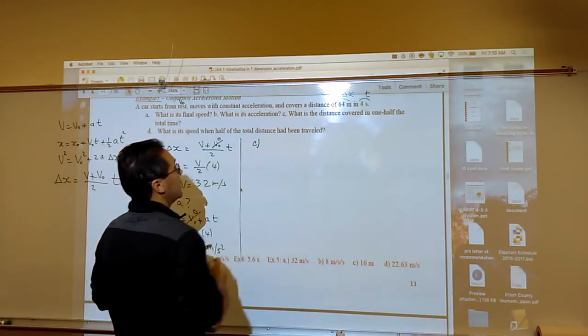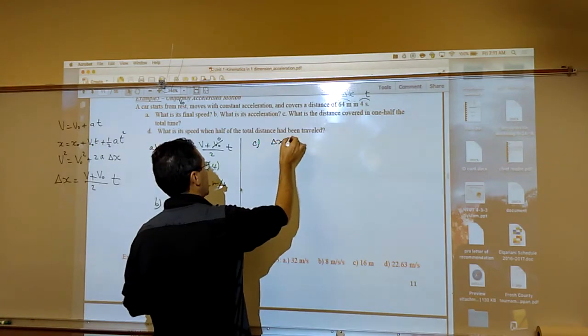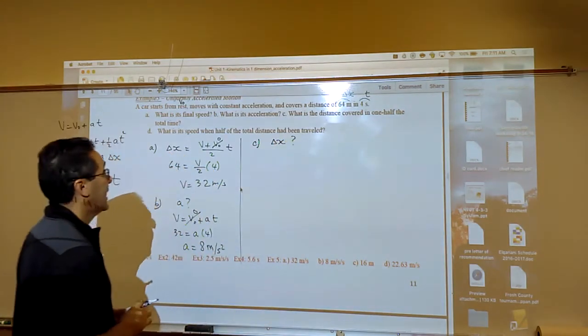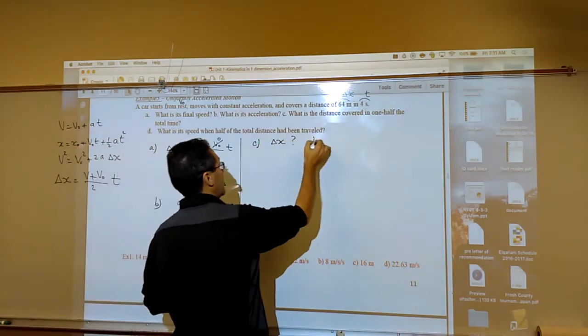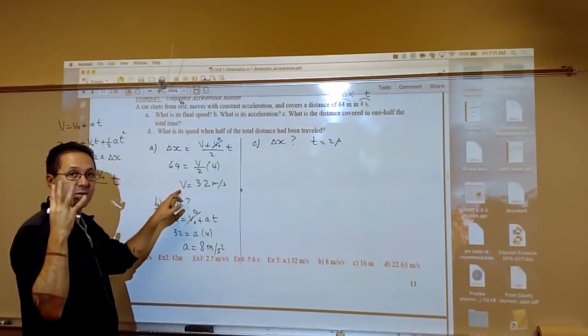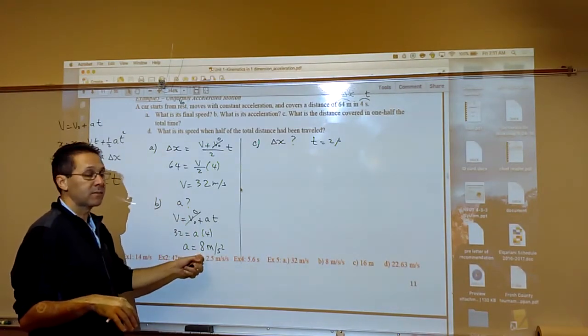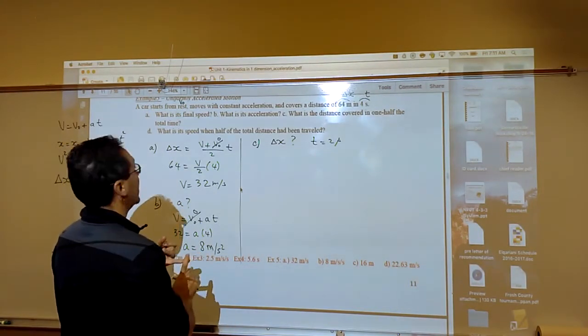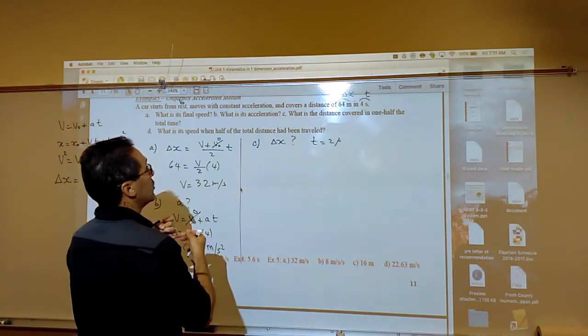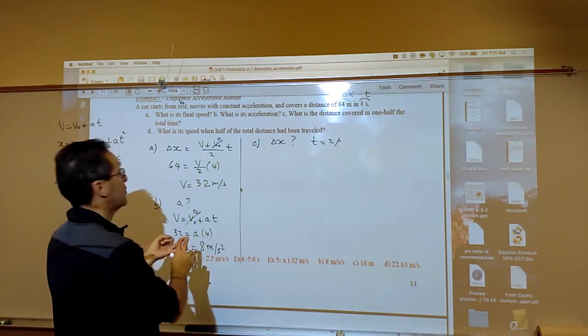For part c, what is the distance covered? In half the total time, so the time is 2 seconds. I cannot use the 32 because that's your velocity after 4 seconds. I can use the 8. I can use the 2 seconds, the acceleration, and the initial velocity.